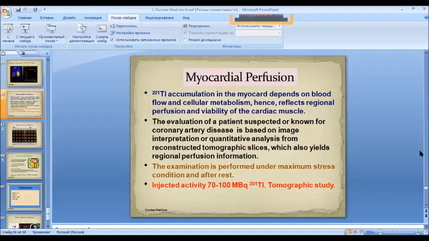This examination with the isotope of thallium is performed first under maximum stress condition and after rest to check the difference. Stress means intensive physical exercise. The injected activity of thallium is shown, and an immediate tomographic study, especially after stress, is performed.